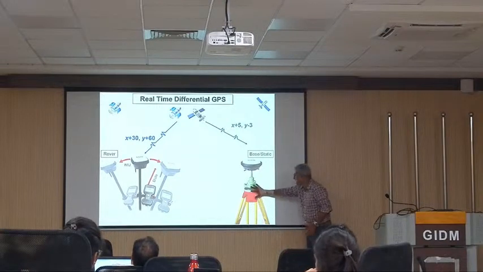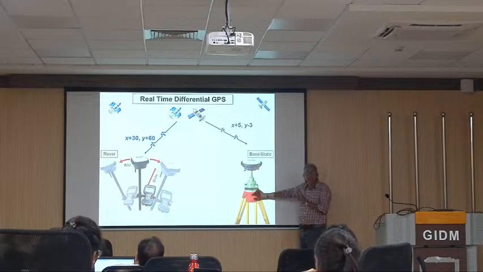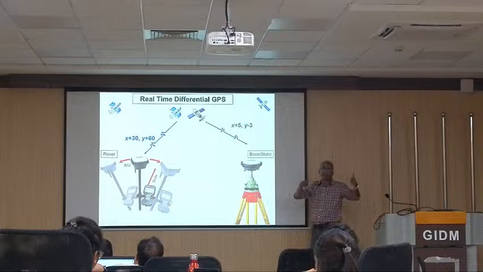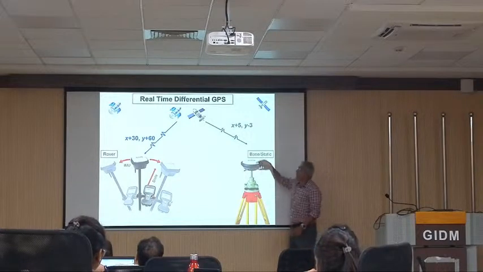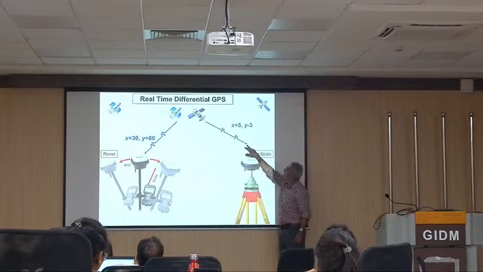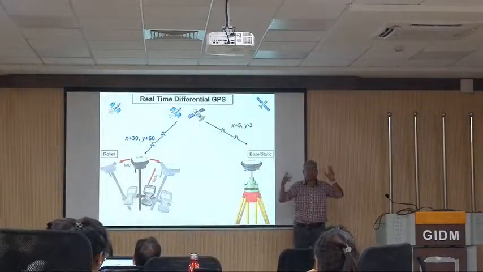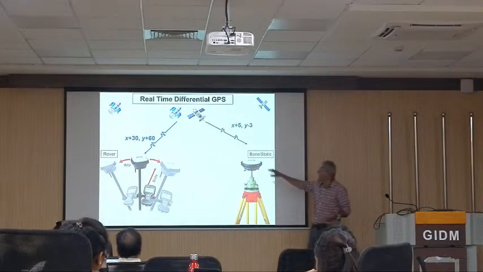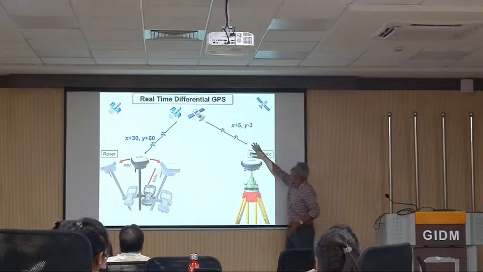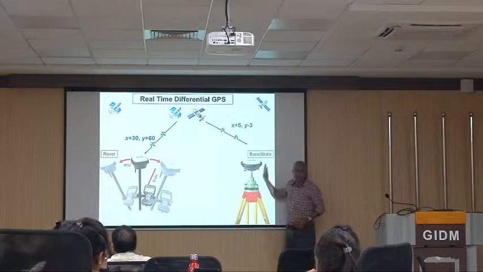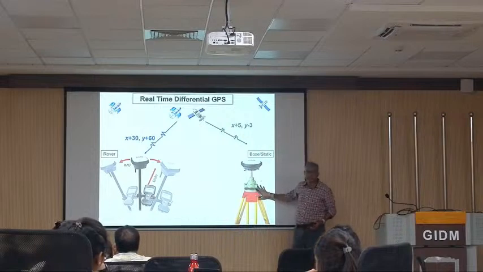But at the time you are doing the survey, you are not getting the precise one because you have an error. So you may get X plus 5 or Y minus 3, some figures. Basically, it could be degree decimals or degrees-minutes-seconds, maybe some seconds of error. X plus 5, Y minus 3, something like that.